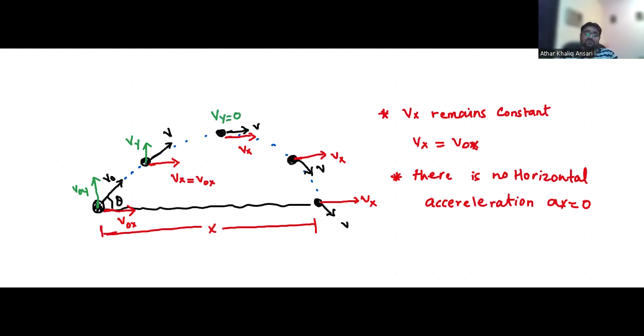But as it starts moving downward, the vertical component of the velocity changes direction and goes in the downward direction, and as it goes down, its speed goes on increasing. So vy, the vertical component, is initially v naught y.